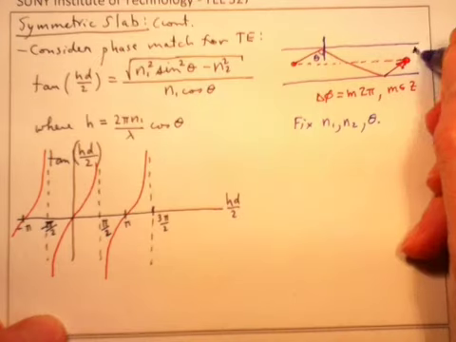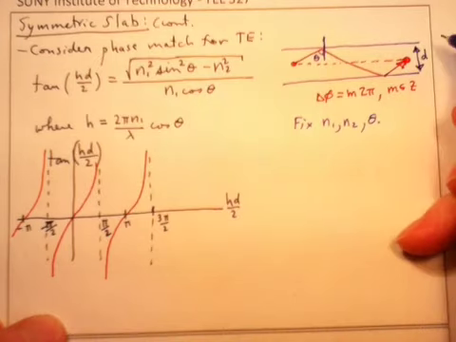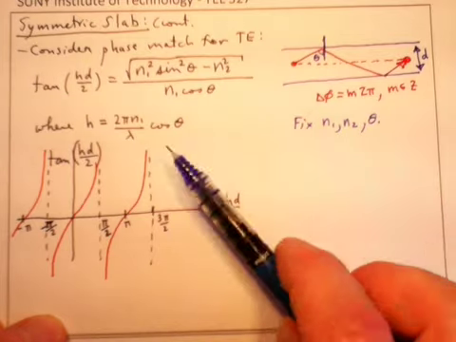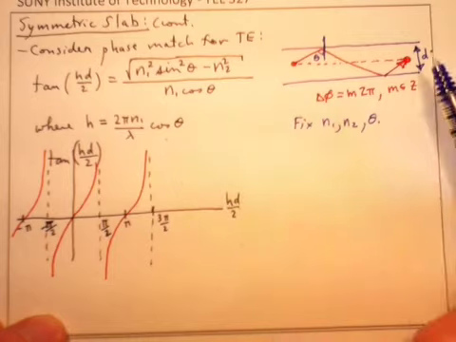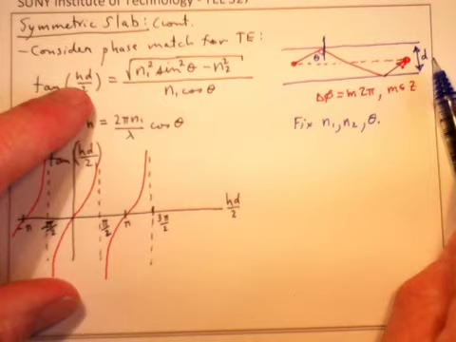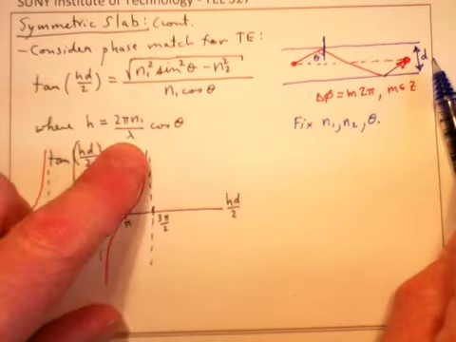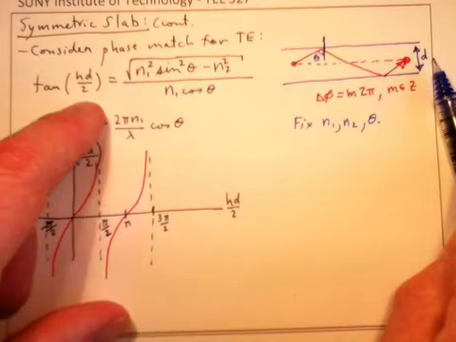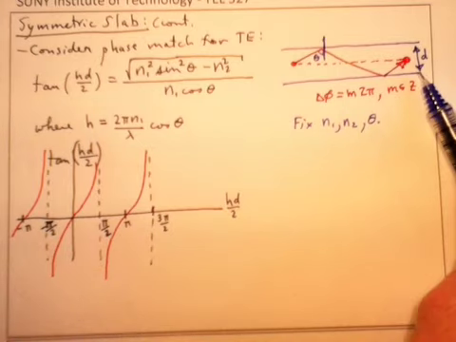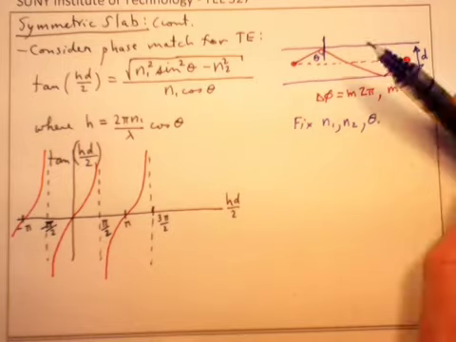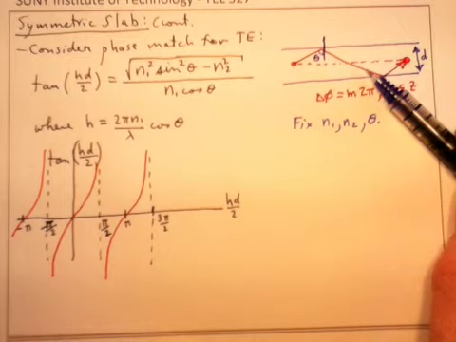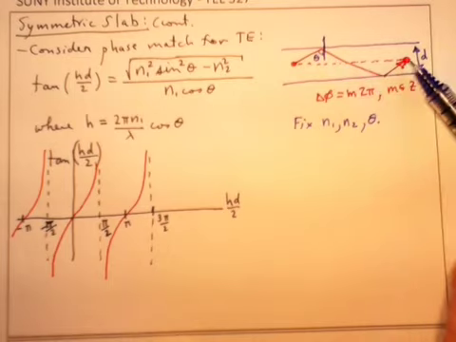It actually turns out that every time we get the term d in here, we get the ratio d over lambda. And that comes from hd over 2. H has a lambda in the denominator, so we end up with the d over lambda combination here. We're going to find those values of d over lambda that provide for this particular zigzag angle to propagate, that is, to satisfy the phase match condition.